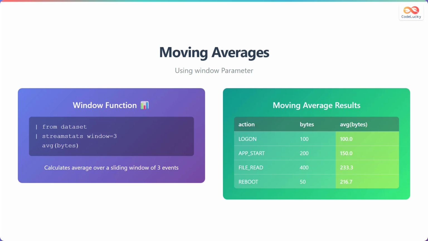The third event averages the last 3 events, resulting in 233.3. The fourth event maintains the 3-event window, dropping the first event and including the new one, giving us 216.7. This sliding window approach is excellent for smoothing out fluctuations and identifying trends in your data.